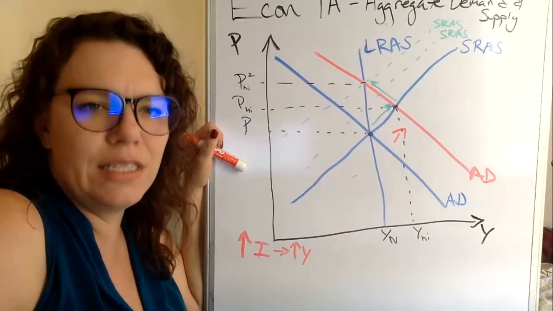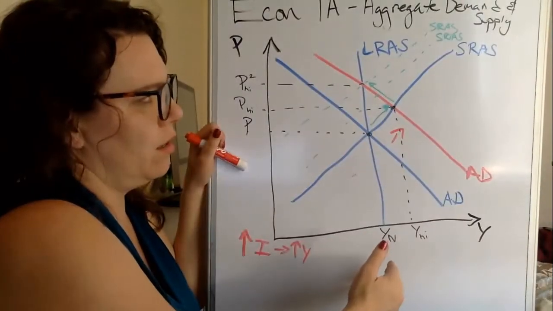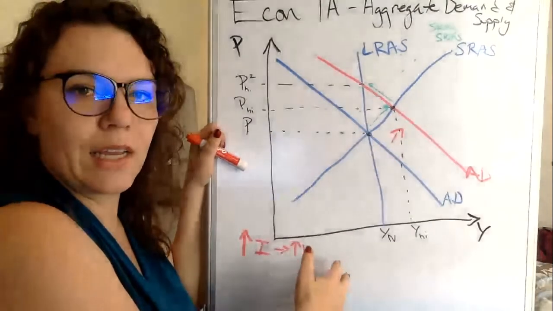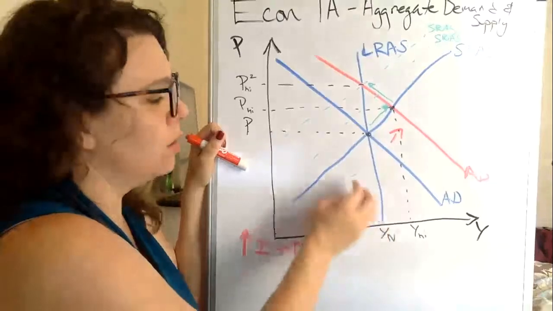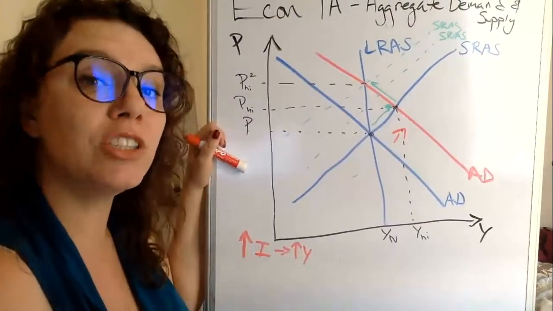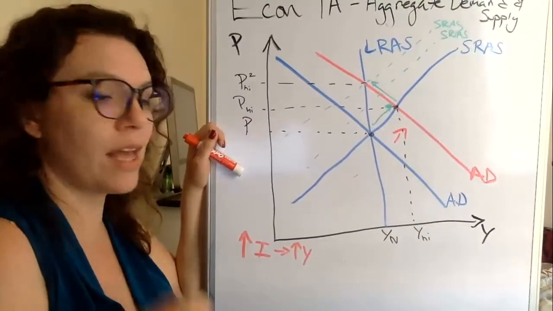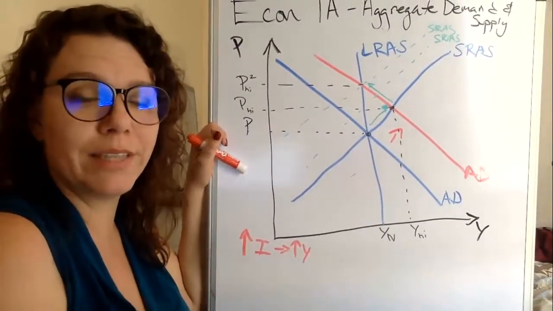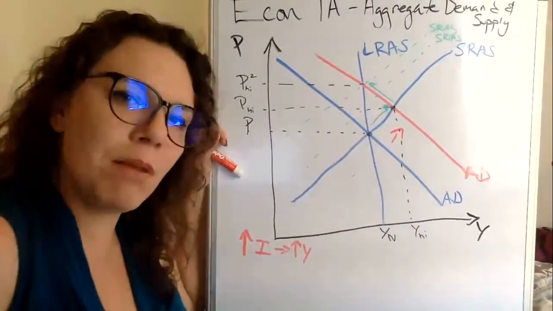But the big idea here is that aggregate demand and aggregate supply in equilibrium are going to be at this natural rate of output. Long run aggregate supply will only shift if it's something that changes the production function. Aggregate demand will only shift if it's something that changes that Y equals C plus I plus G plus NX. And then short run aggregate supply is an adjustment mechanism.